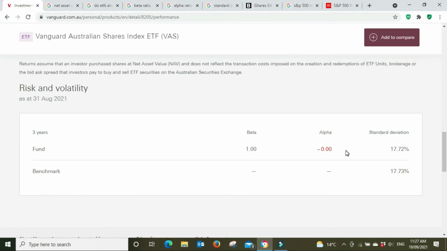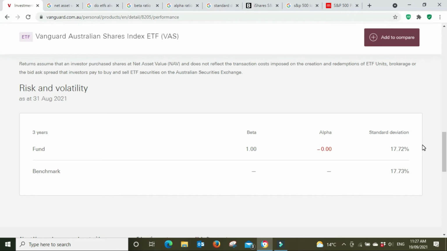That's why it's 0. If you're comparing a singular stock, like BHP for instance, to the market, you're going to have different figures here because BHP will either return more or less. So if it returned more than the market, you'd have a positive number. If it returned less than the market, you'd have a negative number.